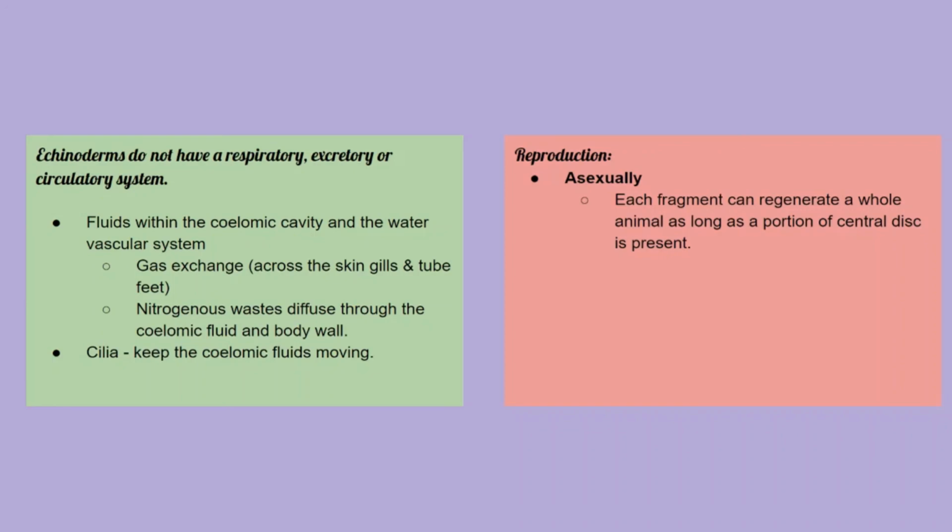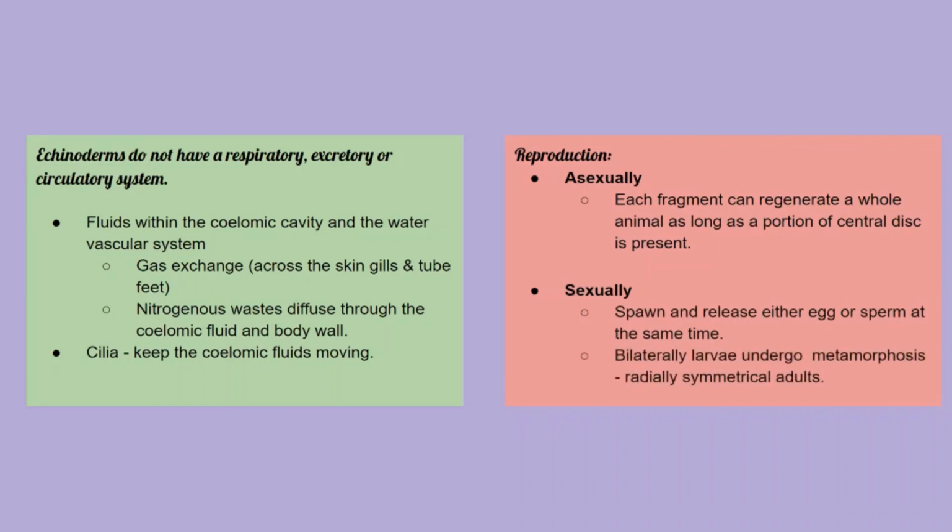So that means that when it is fragmented, it can regenerate into a complete adult sea star as long as it has a portion of the central disc. Next, sexually, it will spawn and release eggs or sperm at the same time. And bilaterally symmetrical larvae will undergo a metamorphosis process into radially symmetrical adults.